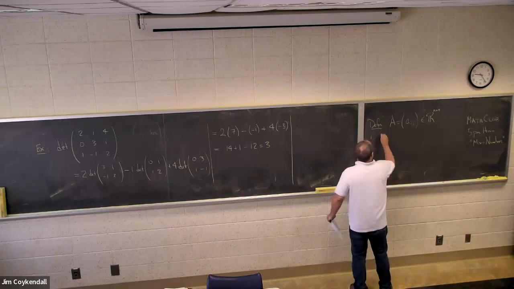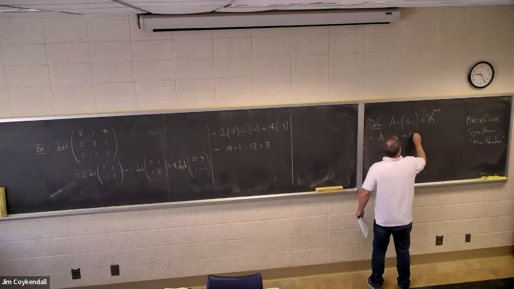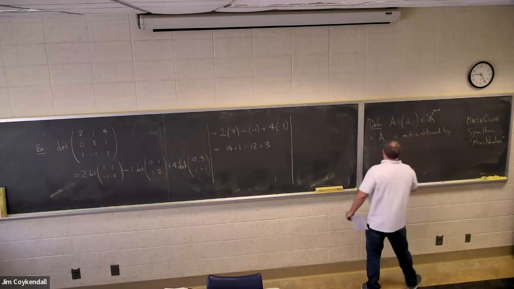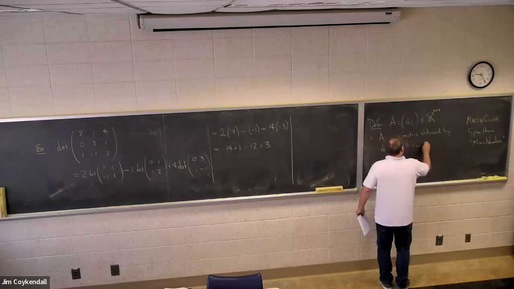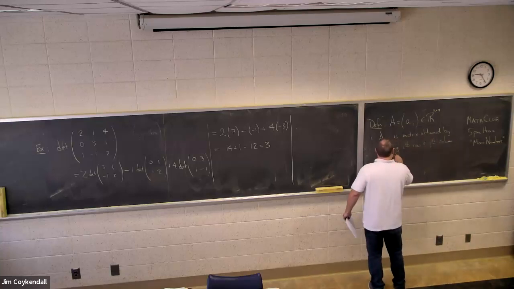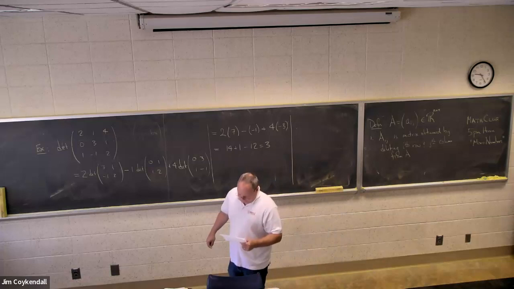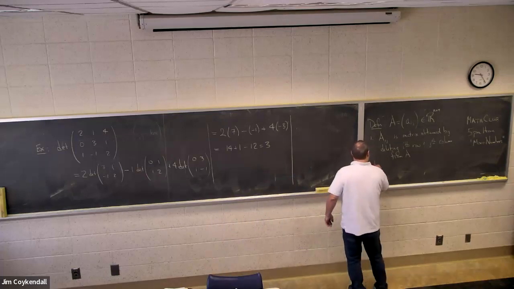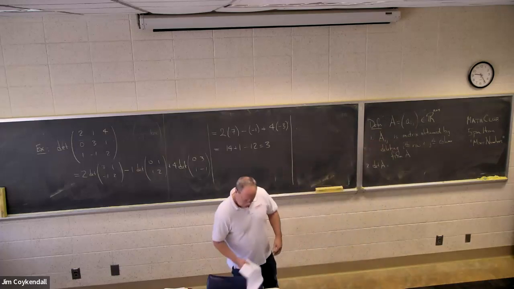Then number one, capital A_ij is the matrix obtained by deleting the ith row and jth column from A. Number two, the determinant of A is equal to, okay, so I'm going to just do that.